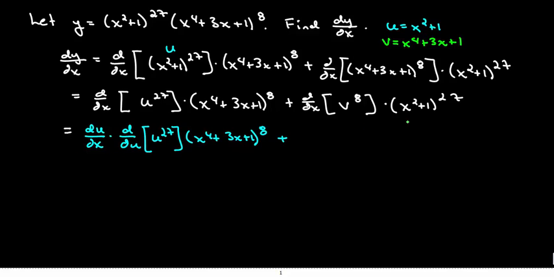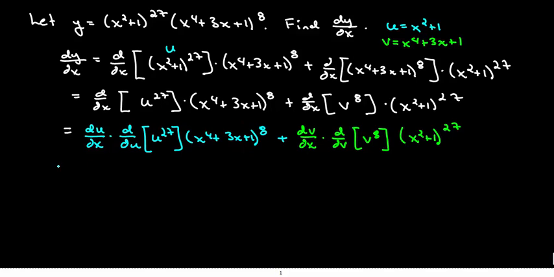Now the other side over here, I have d dx, but I have the variable v here, so I need to make a substitution as well. So I'm going to change d dx into dv dx times d dv of v to the 8th. Like that.